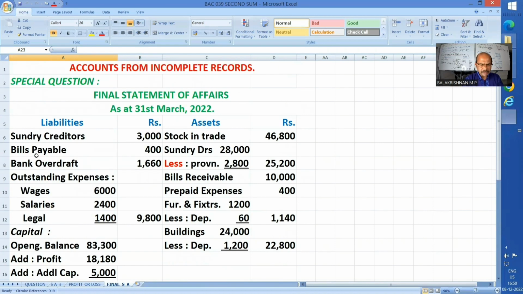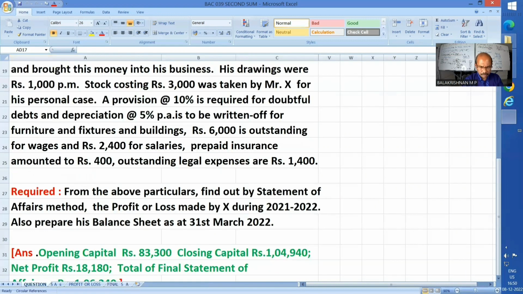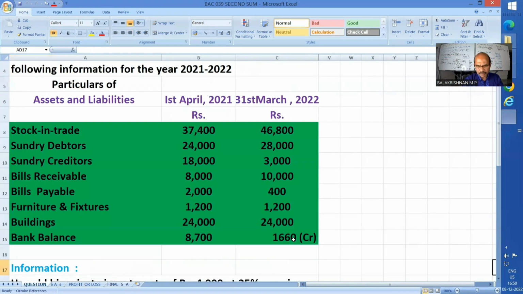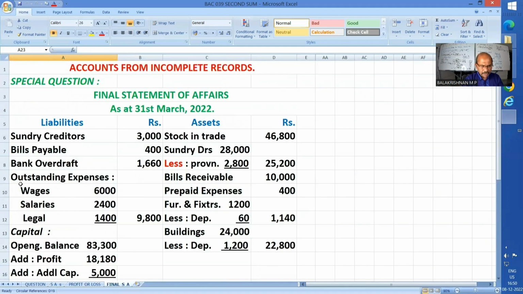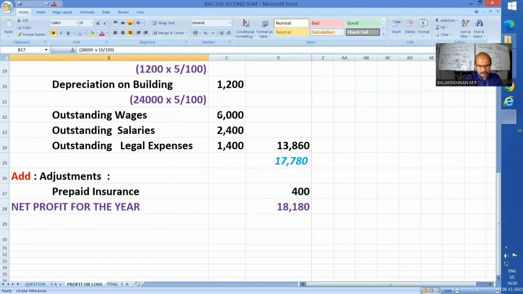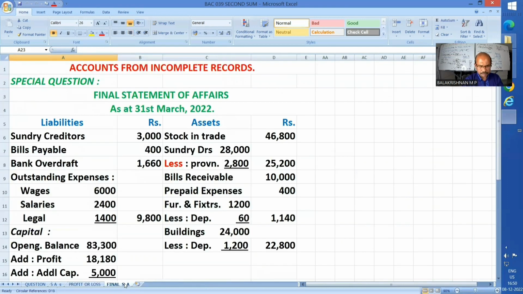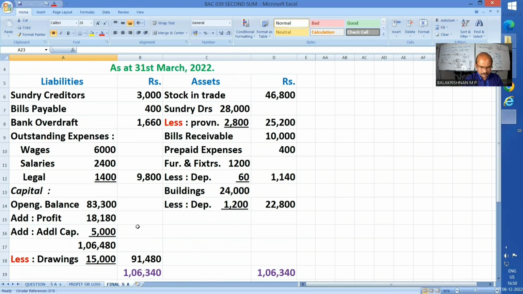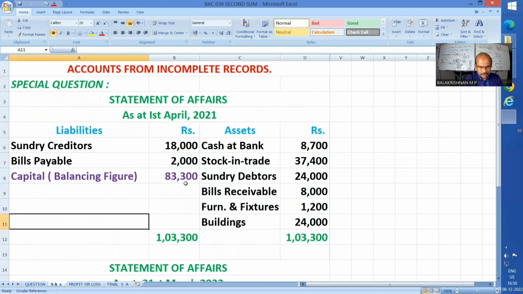Sundry creditors as it is, bills payable as it is, bank overdraft 1,660. Why I call it bank overdraft is because they have told here 1,660 credit balance. Outstanding expenses are categorically given. These are all available in your statement of profit and loss account. And capital, conventionally: how much was the opening capital? 83,300.